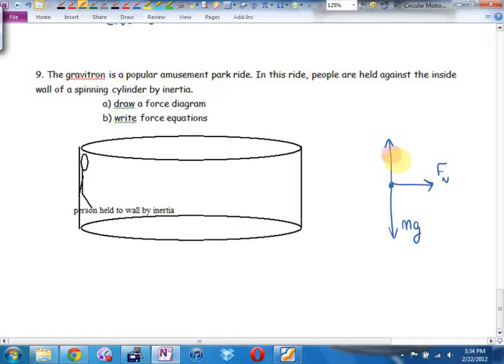What's the angle between these two? Weren't normal and friction, when we were horizontal, almost always 90 degrees? It was normal pointing up, friction pointing backwards, normal pointing right, friction pointing upward. Yeah, it's friction.